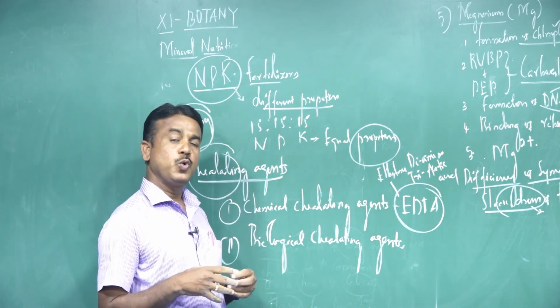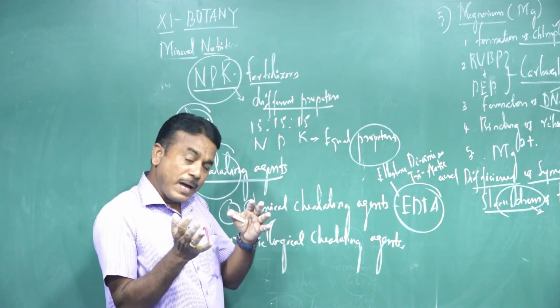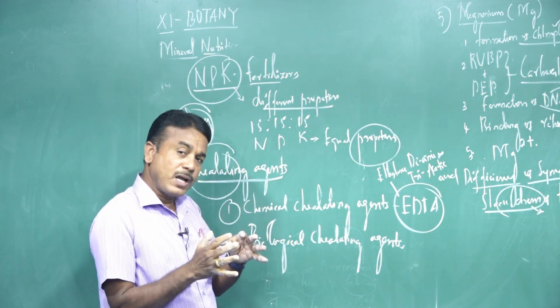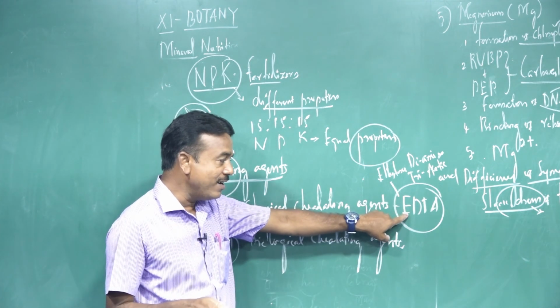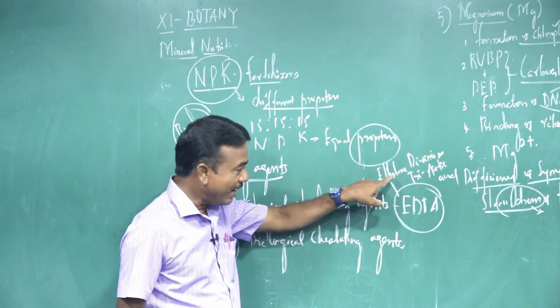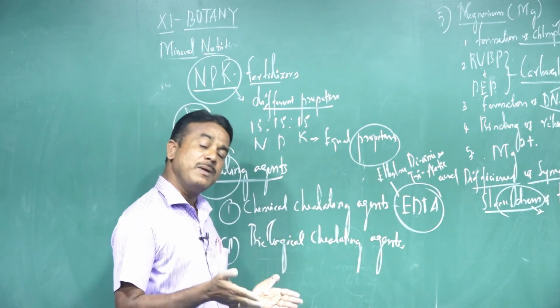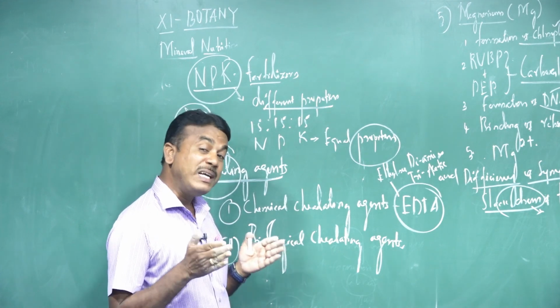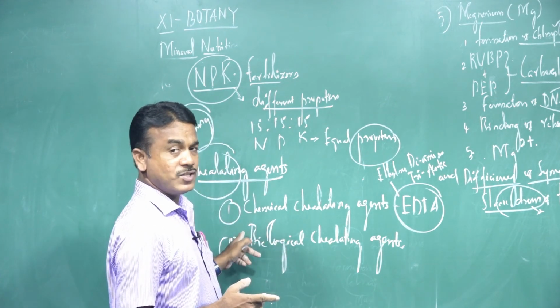By making iron a soluble complex. To do this, you add the chelating agent EDTA. If EDTA is added, the plant maintains its iron. That is what we call chemical chelating agents.